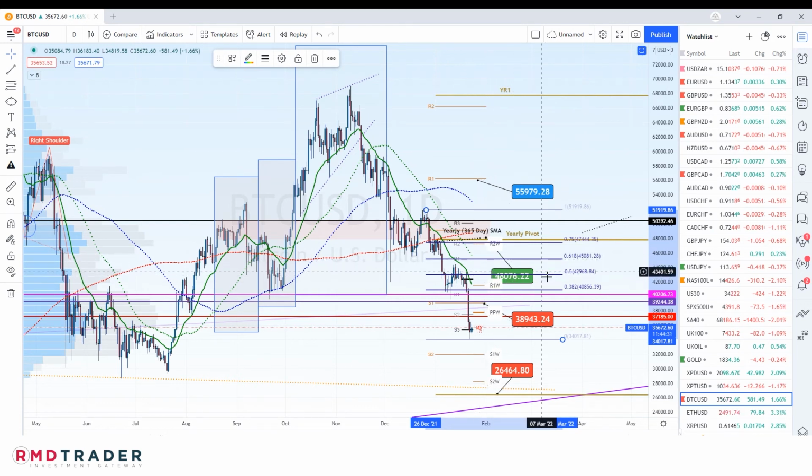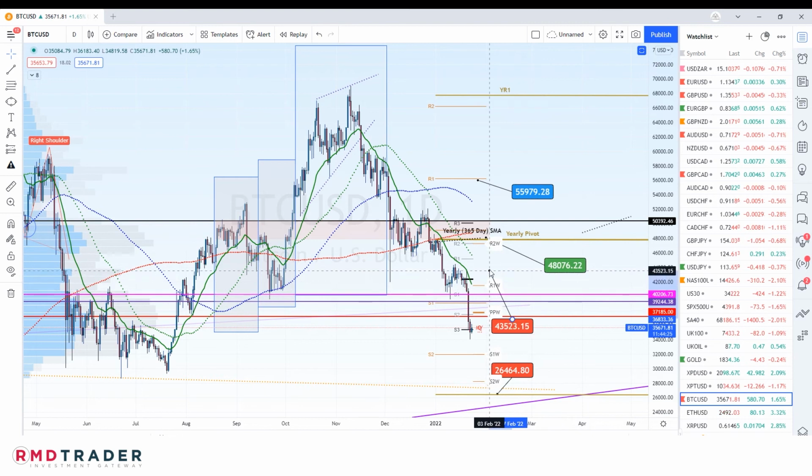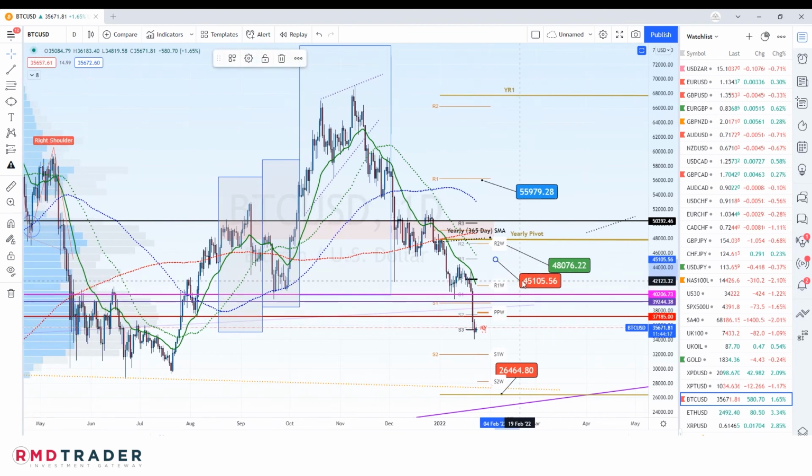So overall, still a lot of resistance above. So that would be an area of resistance should we see a pullback.